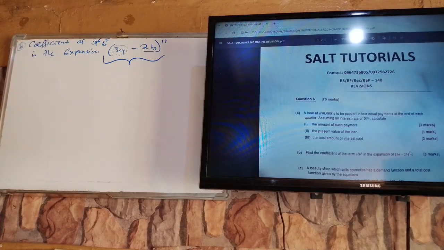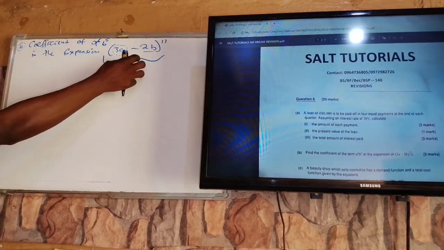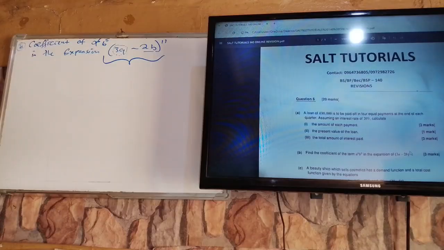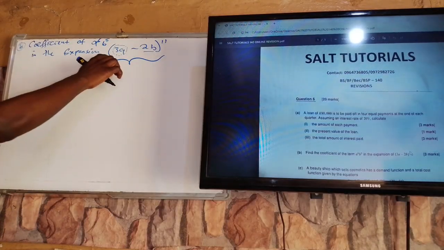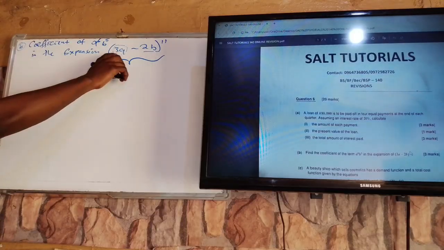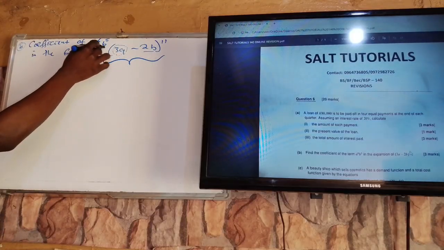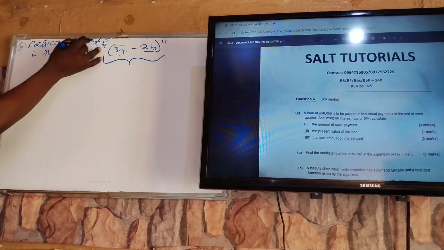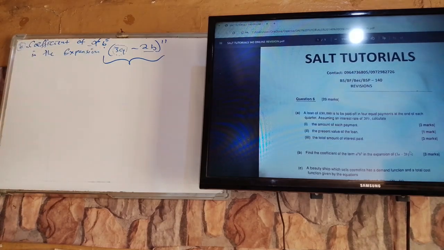I'm sure you remember the concept by now. So the first task is expanding this. That is the long cut method. After expanding, locate where a power 6 and b power 5 is, and then grab the coefficient attached to it. As simple as that.